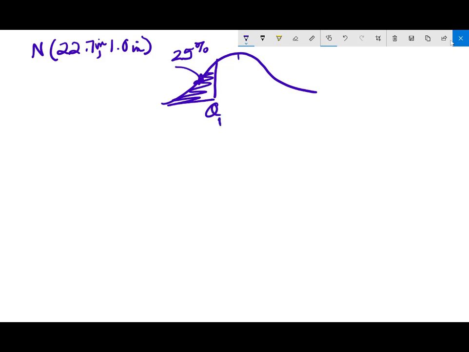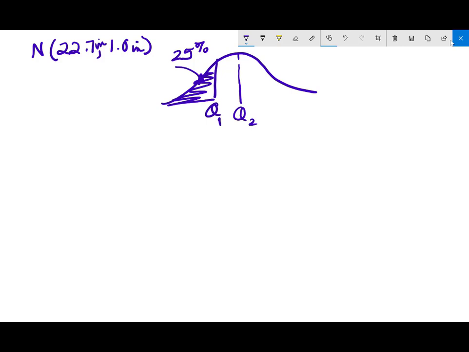Now we know that the mean is quartile 2. So we know that our z-score here is going to be negative. Alright, so let's look at this.